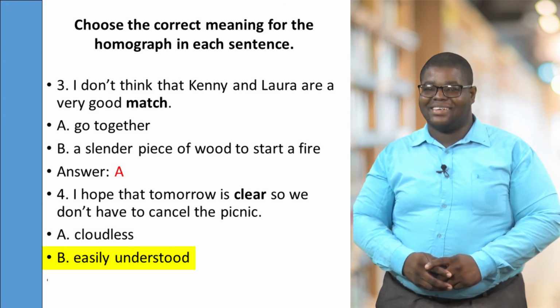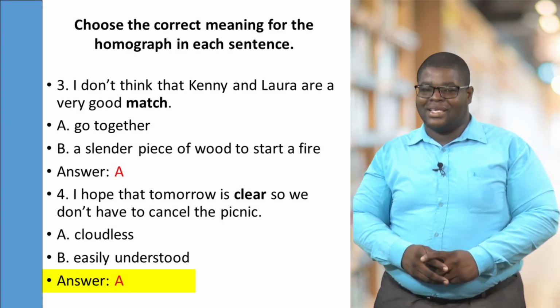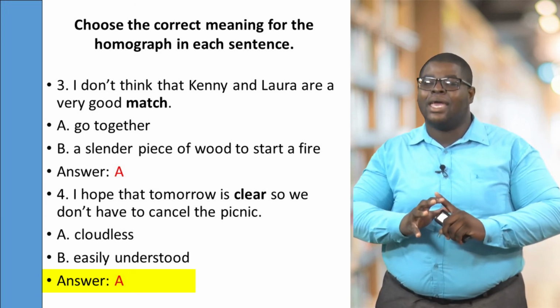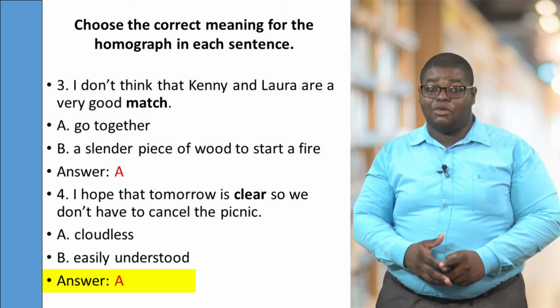What is your answer? A, cloudless. So he's hoping that tomorrow the sky is cloudless, it's clear, so they can have a picnic, because obviously you cannot have a picnic in the rain.